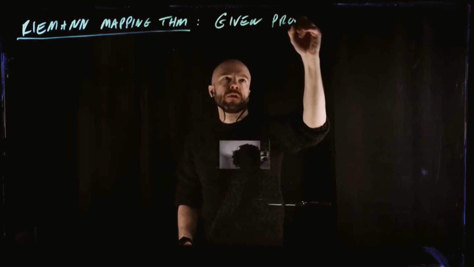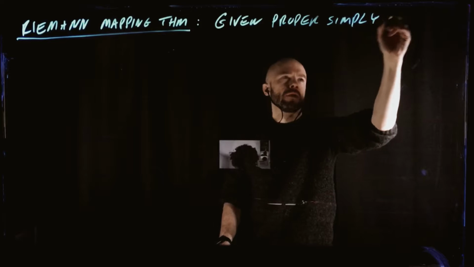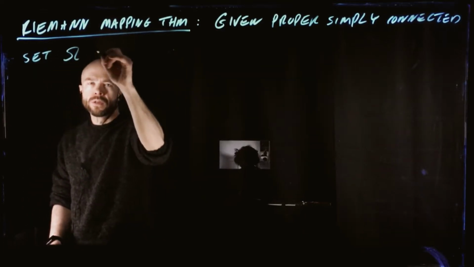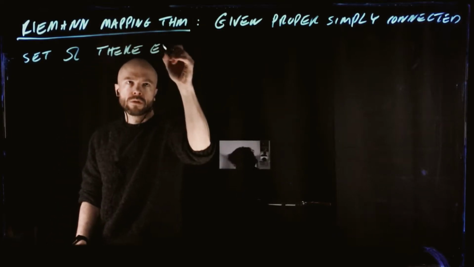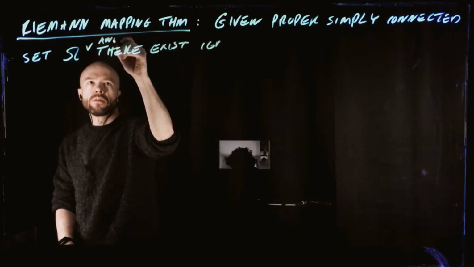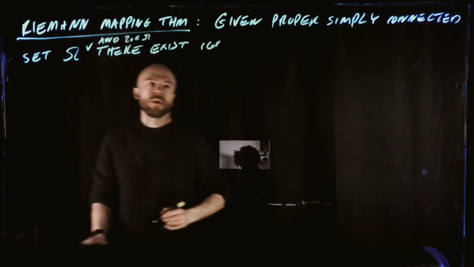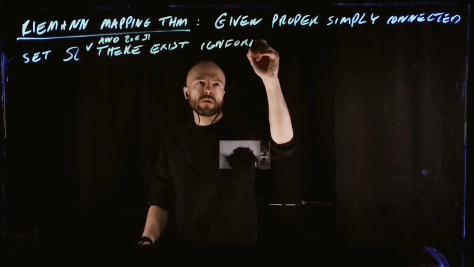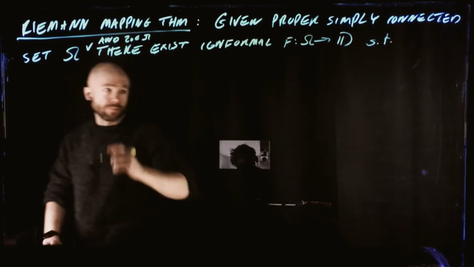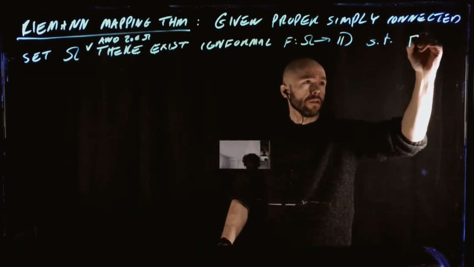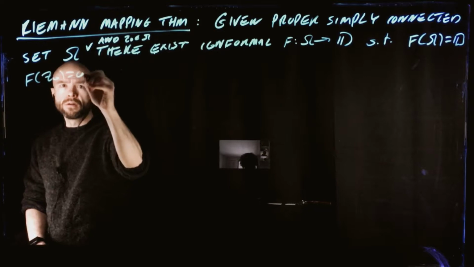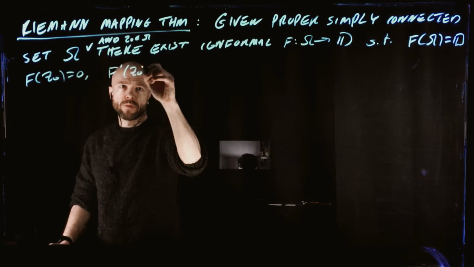Given a proper, simply connected set omega, and any point z0 belonging to omega, there exists a conformal map f from omega into the unit disk such that the image of omega is the unit disk, f of our chosen point is 0, and the derivative at that point is a real number, which is positive.